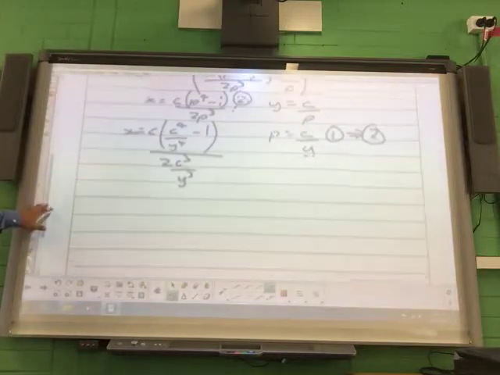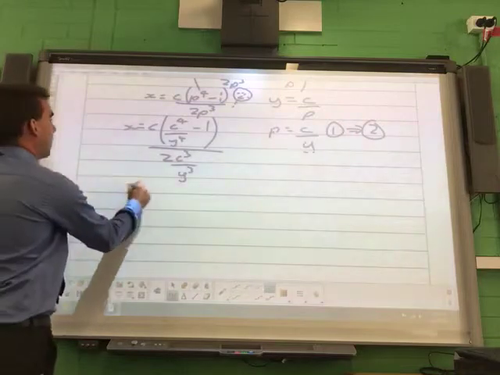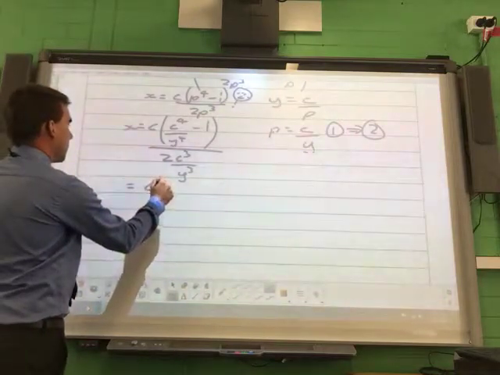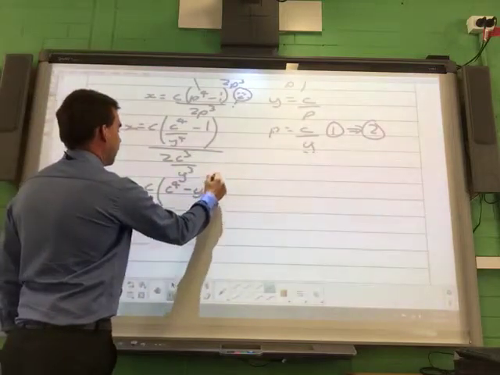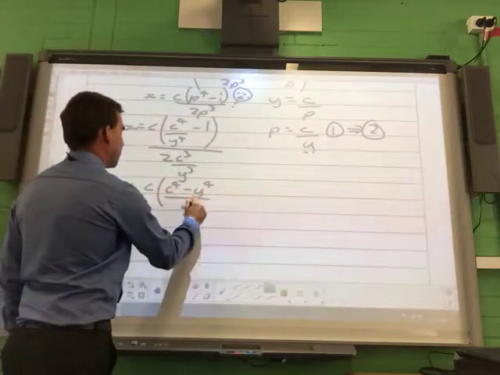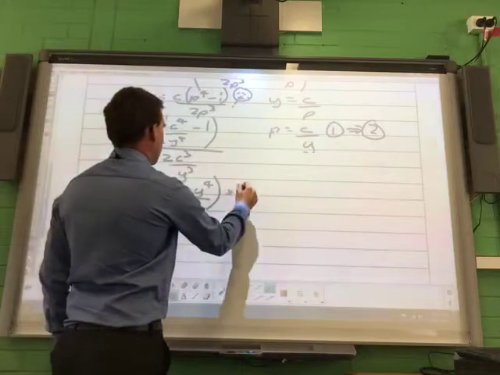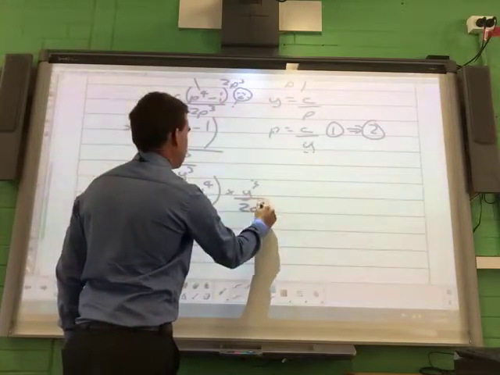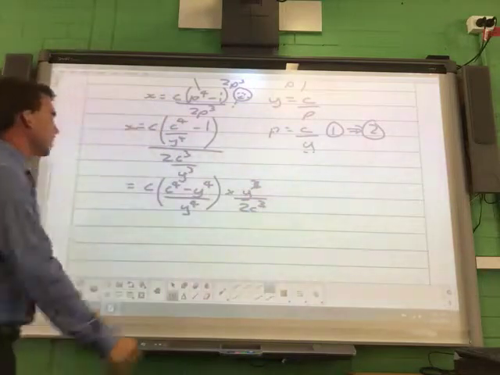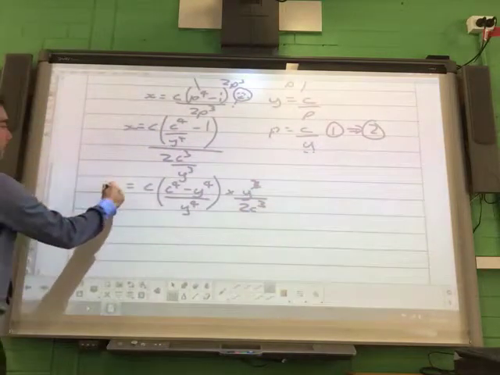Right, so now it's just a matter of tidying up. So c to the power of 4 take away y to the power of 4, all over y to the power of 4, times y cubed over 2c cubed. There's a couple of lines of working there.